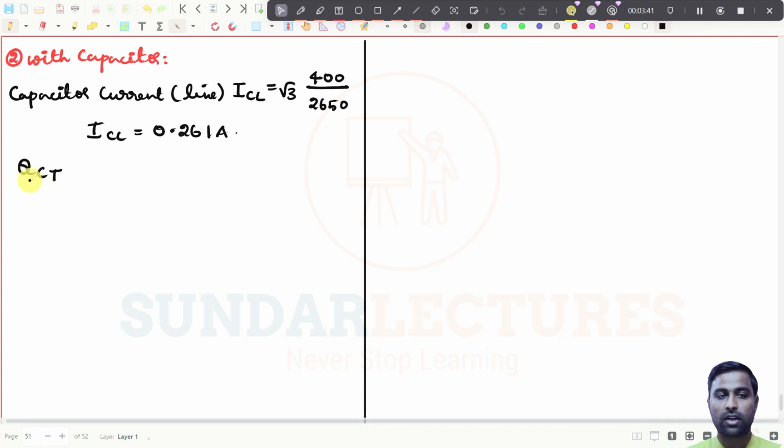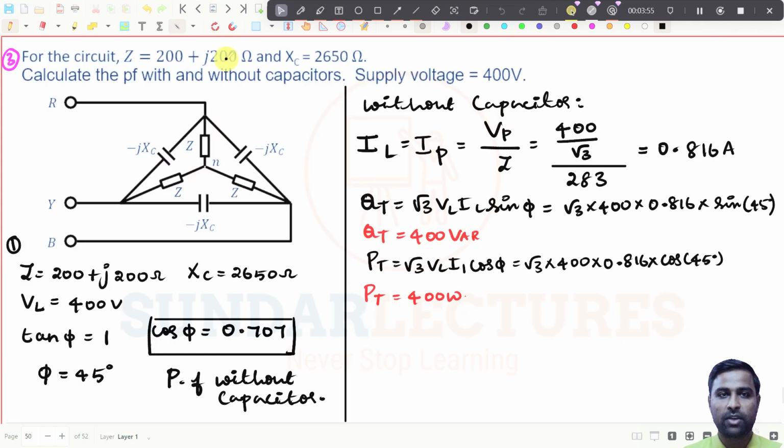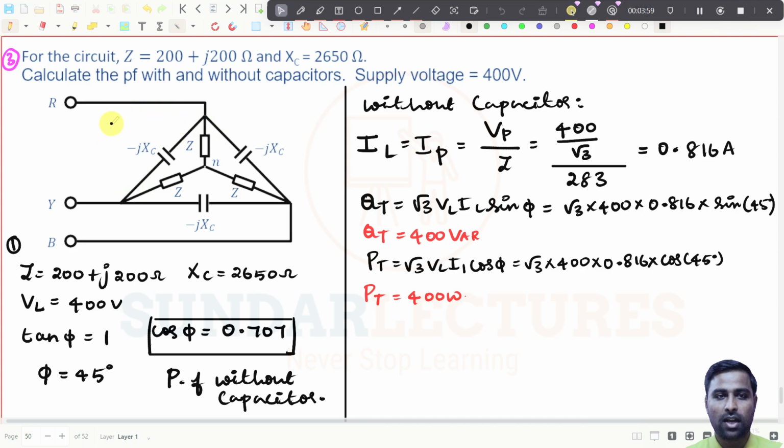Now if I want to find QCT, the reactive power of the capacitance, it will be equal to root 3 times VL times ICL, because these two points are connected across two lines, so VL will be 400.